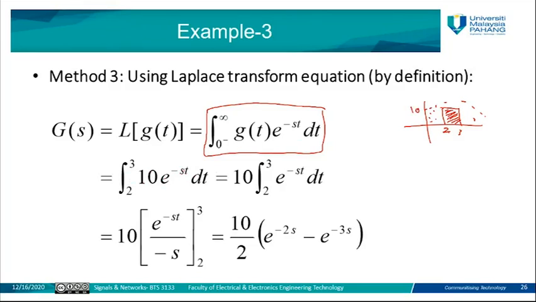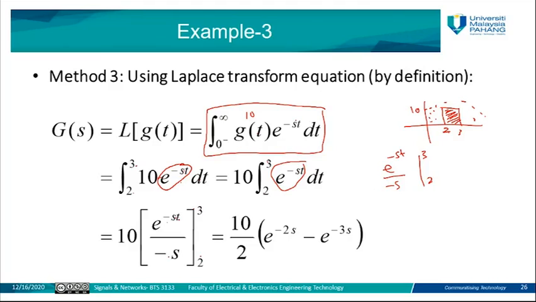That means the value of g(t) is 10 from 2 to 3. Then you integrate, the 10 goes out, and the integration from 2 to 3 of e negative st is equal to e negative st over negative s. You substitute, one time 3 for t, one time 2 for t.